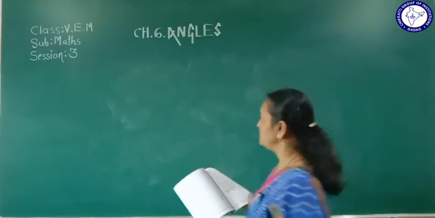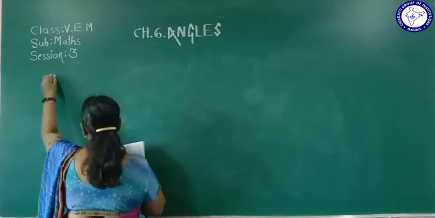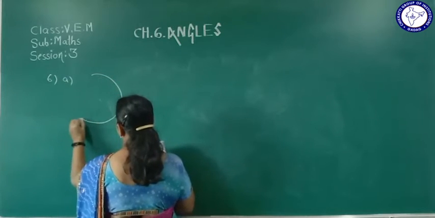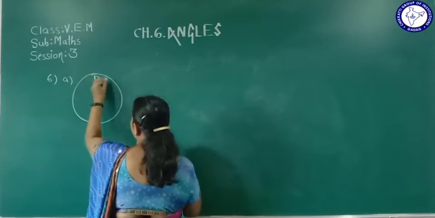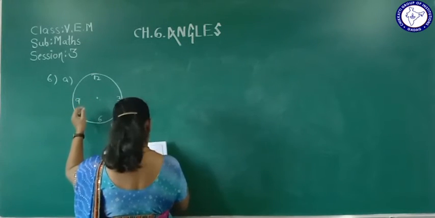So first one. Here is 12, here is 6, 3, 9, and this is the midpoint.